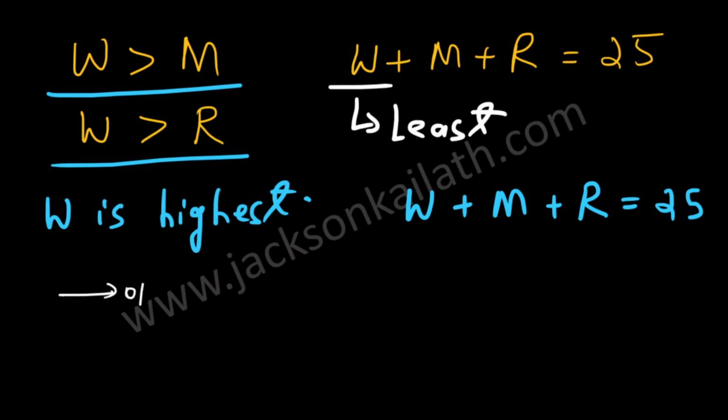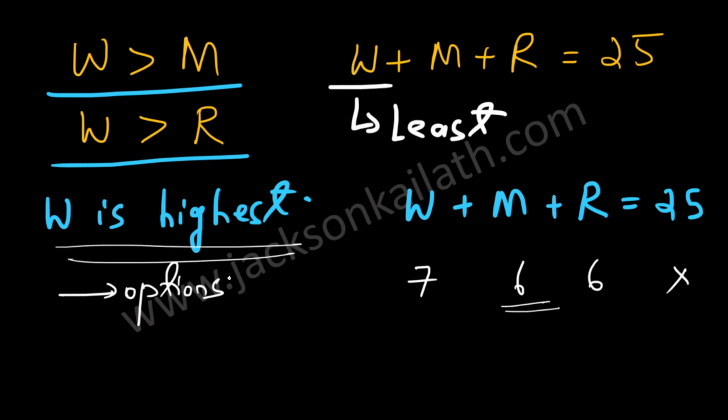Now, let's look at the options. This is a good question to use the options in a smart manner. Let's try 7, which is option A. If I give W as 7, the maximum I can give to M and R is 6, because W is the greatest.